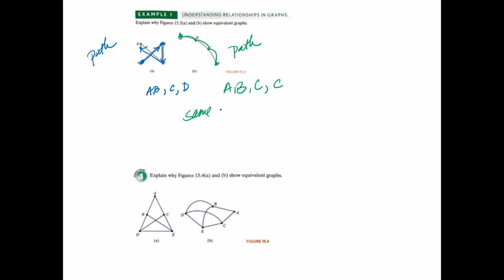So the two have the same paths. Therefore, they're equivalent. All right, now that I did that, go ahead and pause the video and answer the following one on the bottom.